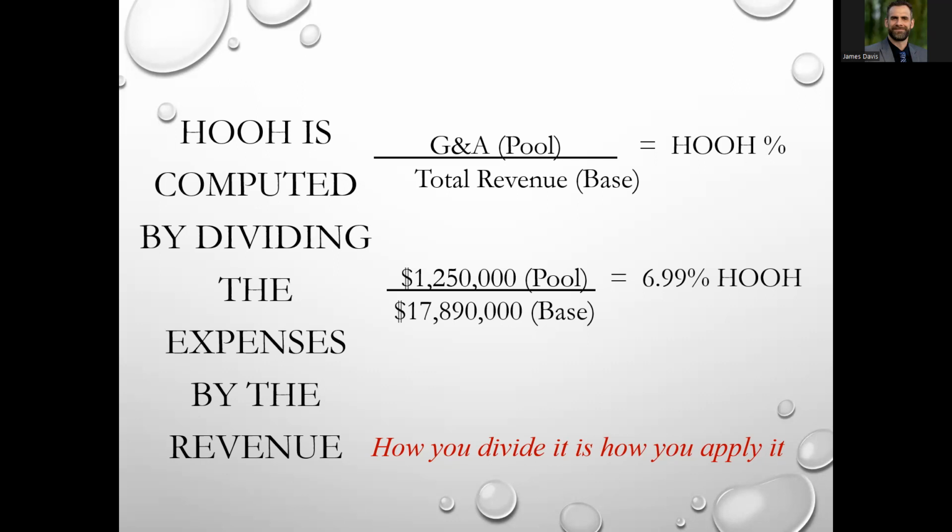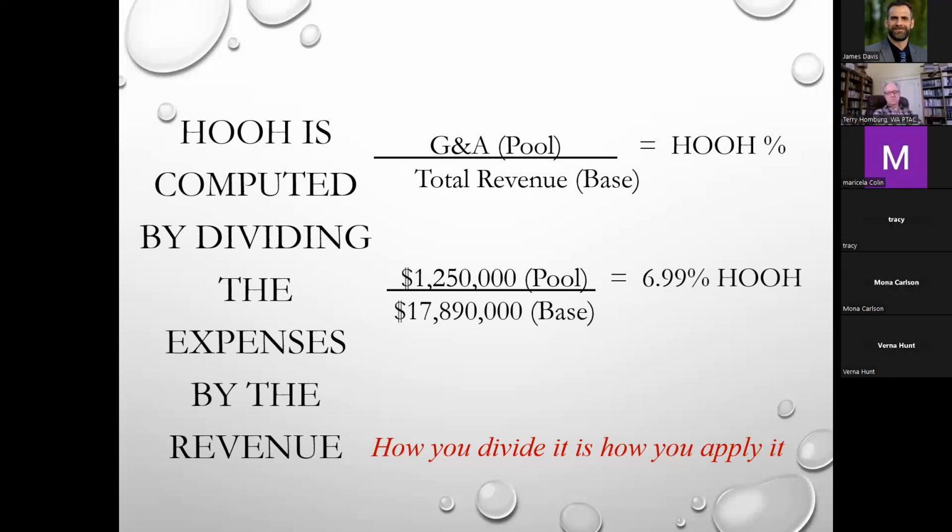You don't get to switch back and forth. You don't get to say I have a higher G&A if I divide it by my labor, which is only part of it, and then apply it to all of revenue. So how you divide it is how you apply it. Does that make sense? Because that seems to confuse some people. So that's the rule I want you to always remember: how you divide it is how you apply it. If you divide it by total revenue, you apply it to total revenue. If you divide it by material or labor, you only apply the markup to the labor and material.